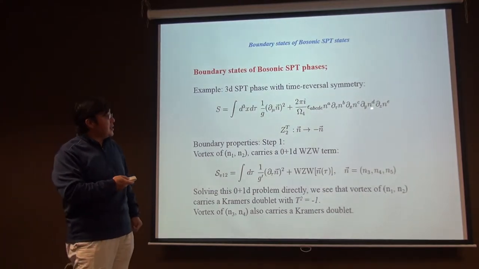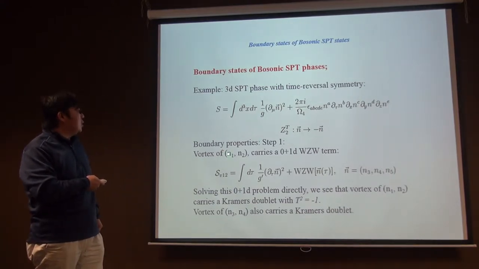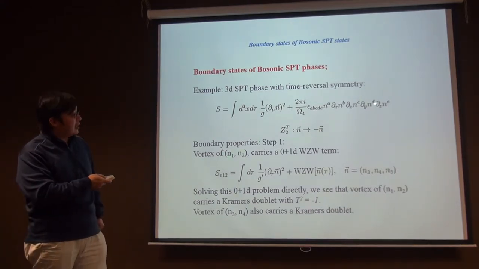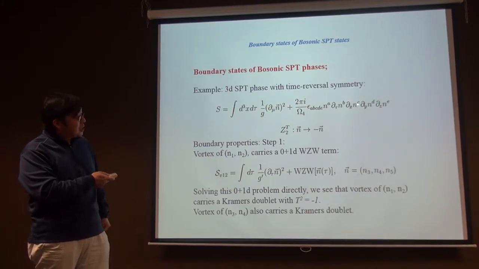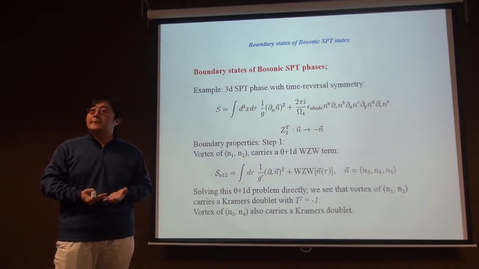It means that, for example, if I look at the vortex of n1, n2, if I take d and e to be 1 and 2, then this part will describe a vortex of n1, n2.